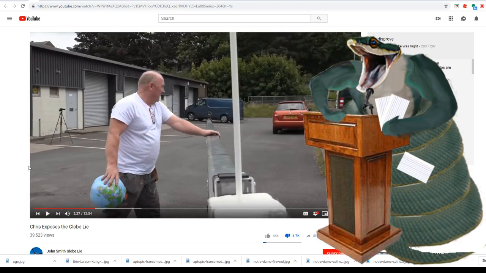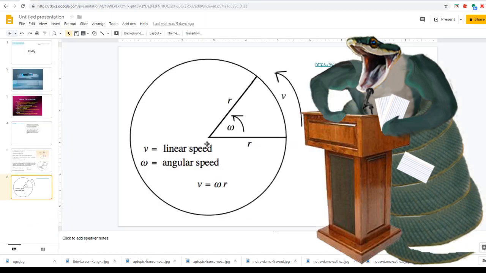We actually would see that even if we were on a flat plane. We would see the outside moves faster than the inside because they're covering different distances in the same amount of time. The outside is covering a larger distance in the same amount of time as the inside is covering a smaller distance.